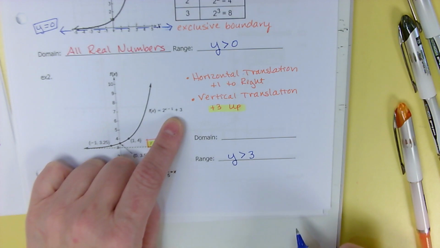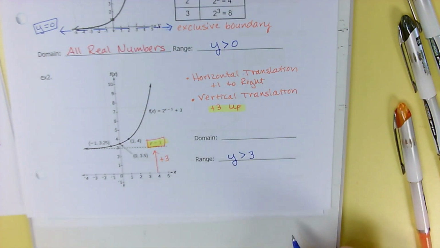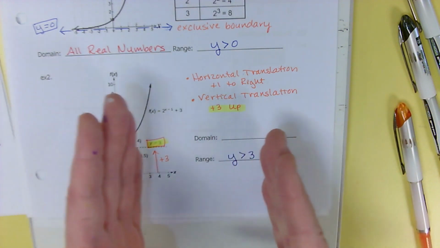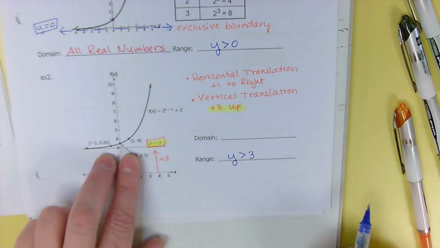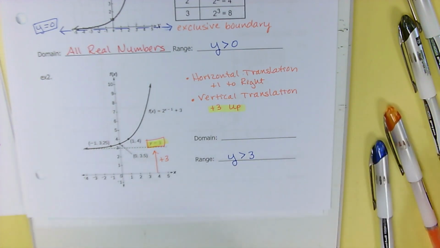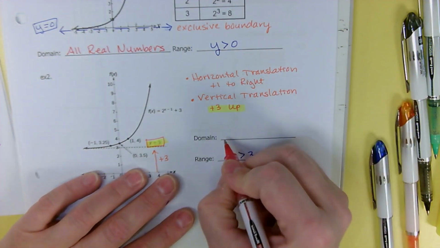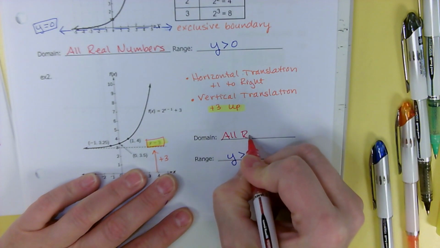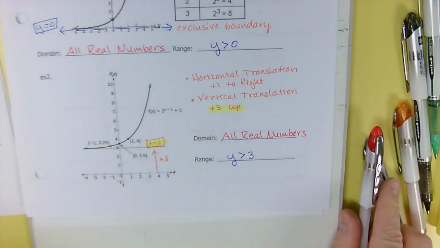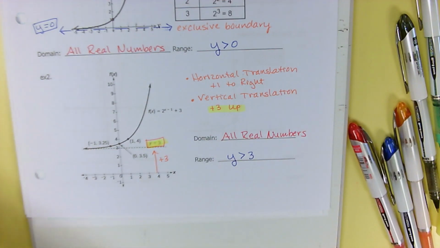So you don't have to graph it to be able to do domain and range. Now, the fact that it's gone +1 to the right, so it's gone right or left, doesn't actually affect the x values. They still go infinitely left and infinitely right with no breaks or gaps. So your domain is all real numbers. All right, flip the page.